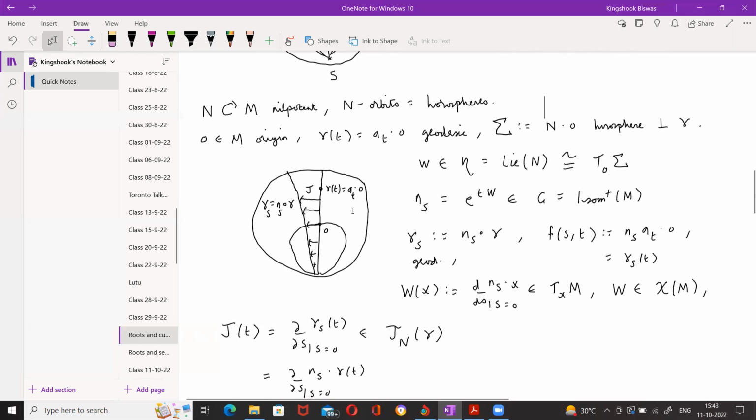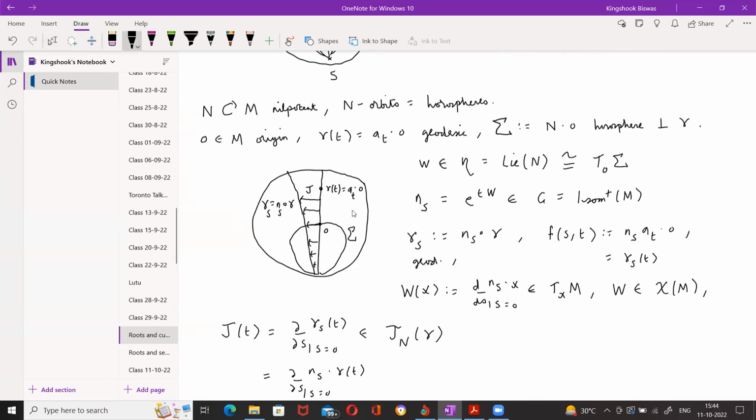Now let me take a vector W in the Lie algebra of N, little n. This Lie algebra of N is identified with the tangent space to the horosphere at the origin, right? Yes.